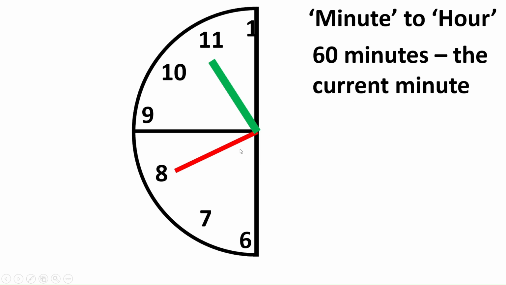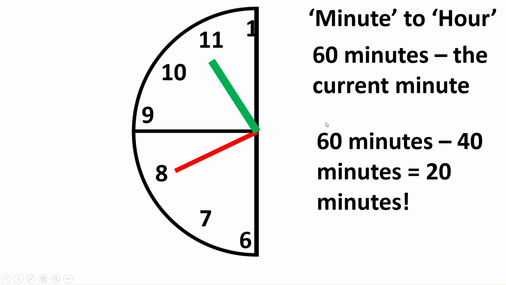Let's try it again with a different time. This time our hands are changed. Remember, we always do 60 minutes, take away the current minute to find how many minutes are left until the next hour begins. We can see that the minute hand is pointing at 8. If we follow the minute rule and we do 8 multiplied by 5, we find 40.